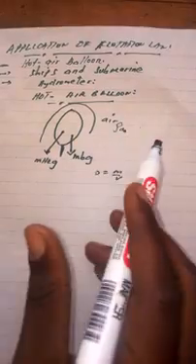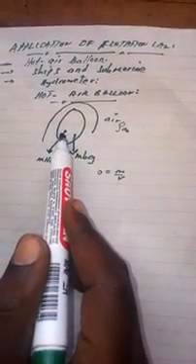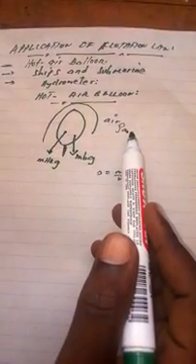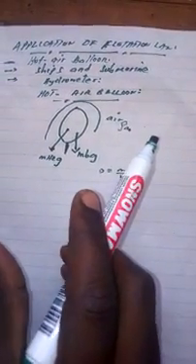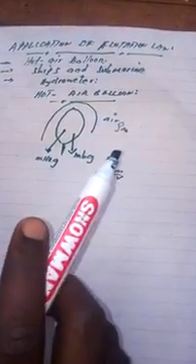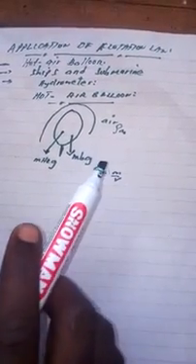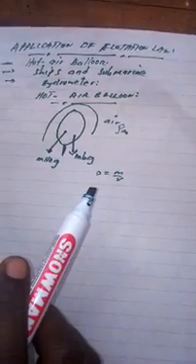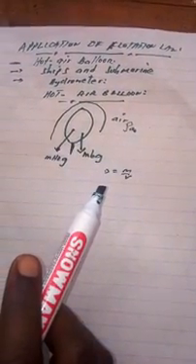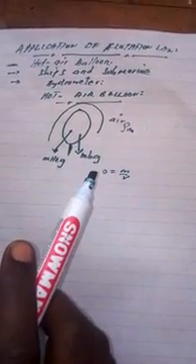This difference in density between the inside of the balloon and the outside air basically creates the upthrust. It creates the force which makes the balloon and the other objects move into the air. You understand? That's what happens.